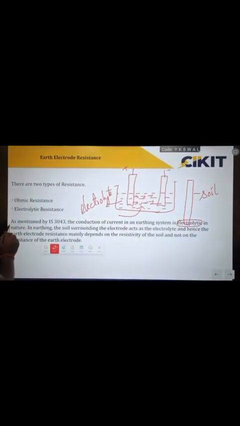The material of the earth electrode does not play a huge role in earth electrode resistance, whereas soil resistivity plays a crucial role.